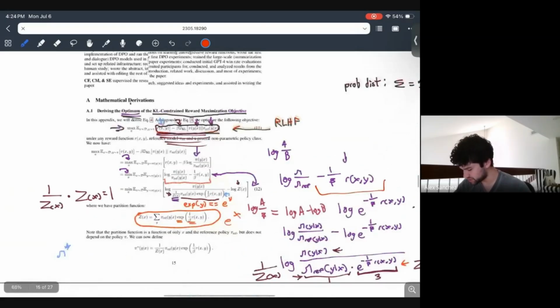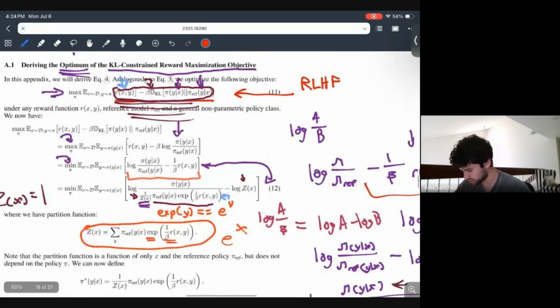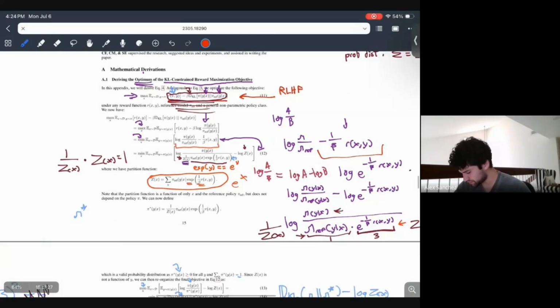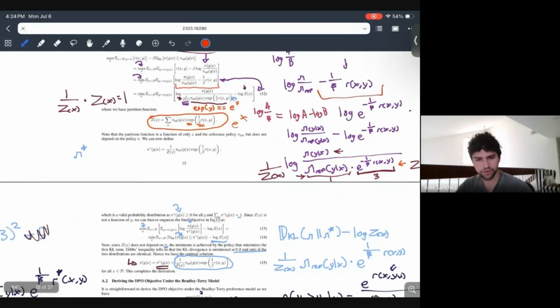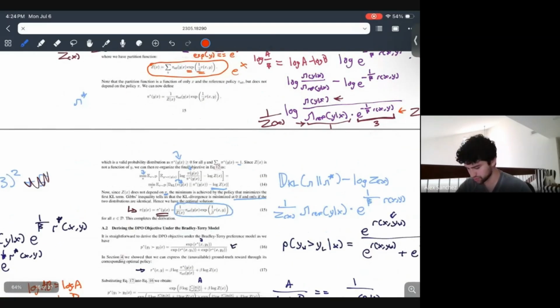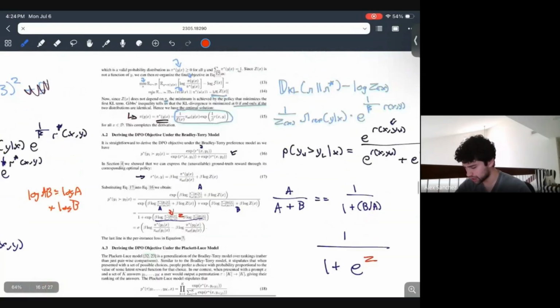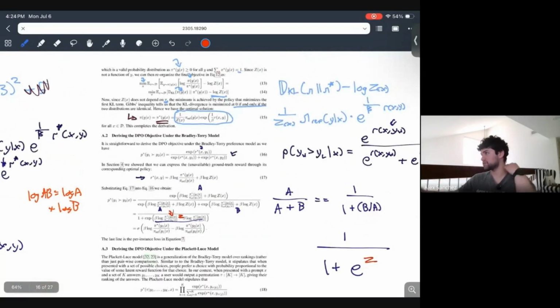Some parts, like the jump between the last step of equation 12 and the step before it, and this whole partition function part were a little confusing to find at first, but I believe this makes a whole lot of sense. And so the actual implementation you're going to see is super easy.